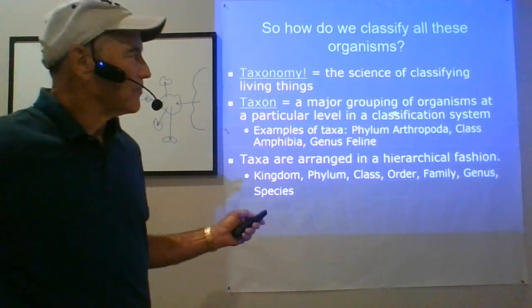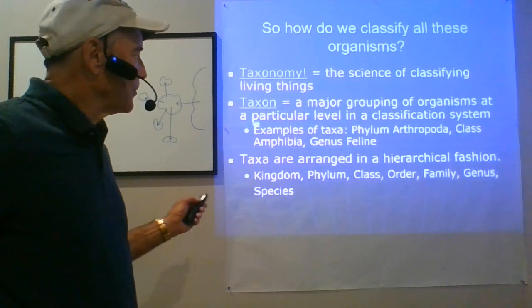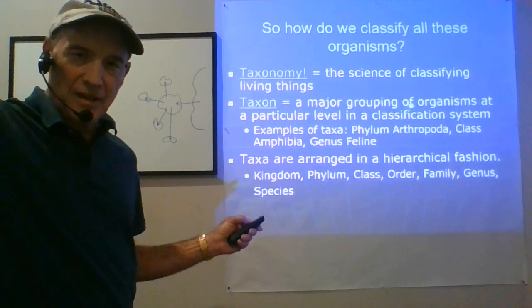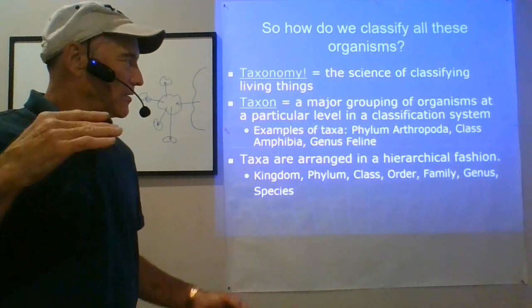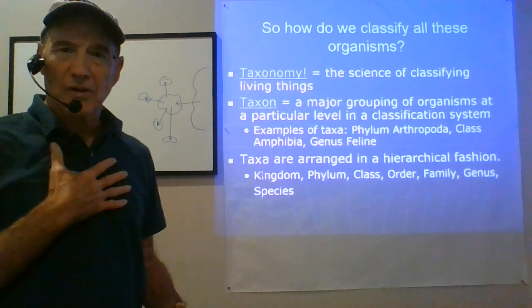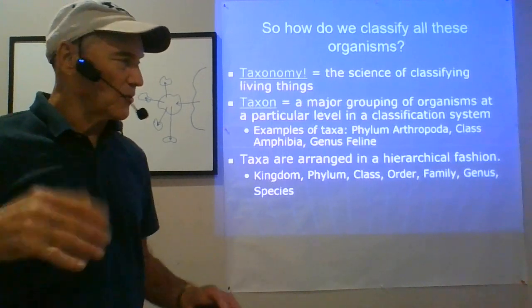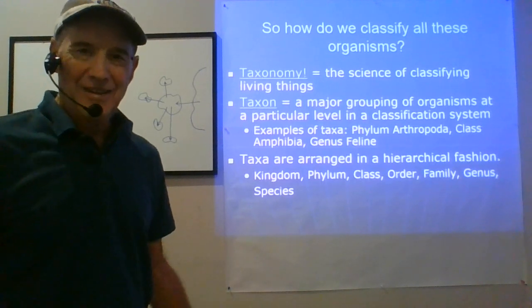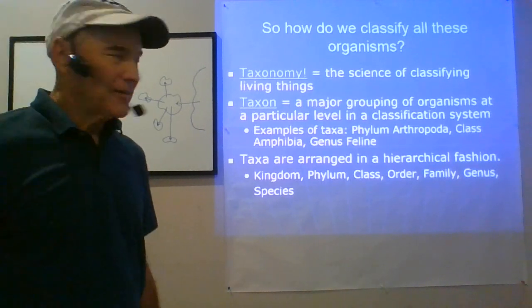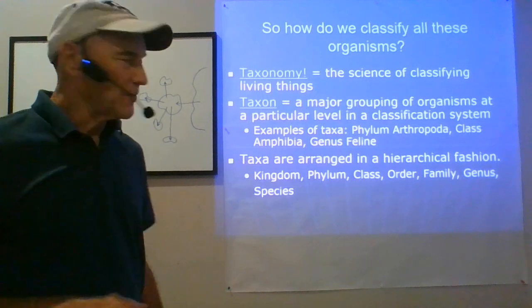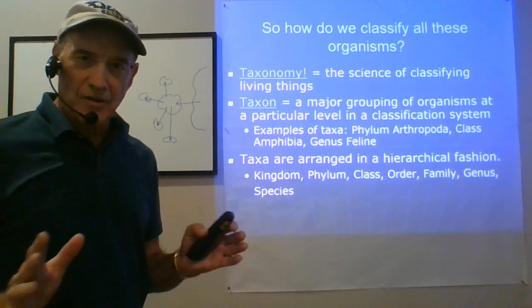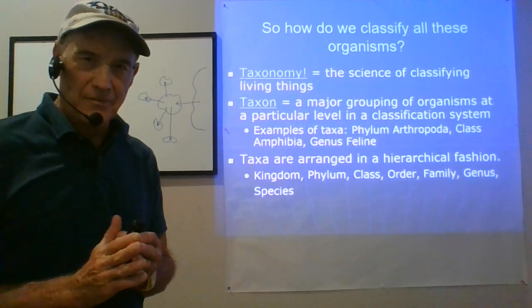Taxa are major groupings of organisms at a particular level in a classification system. So we're going to use the kingdom, phylum, class, order, family, genus, species hierarchy, levels of classification, with species being the organisms that are most related to one another.